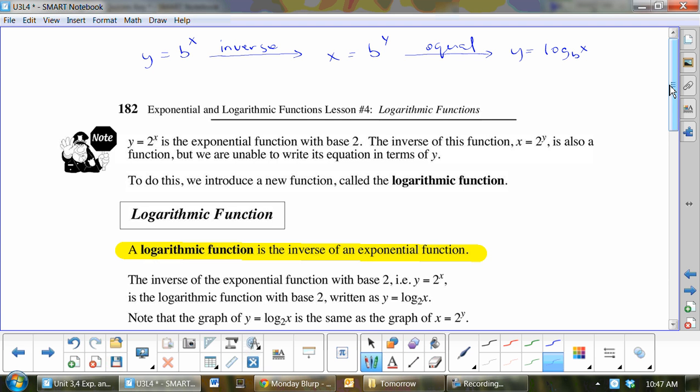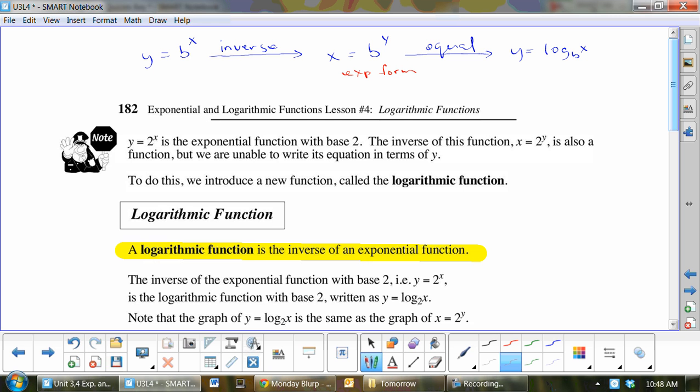Now, let's think like a mathematician for a second. Why is the letter B used there? Base. What do you see in log b of x? Do you see, that's called the base in both of them. So to go from x equals b to the y, just so you know, this is called the exponential form.